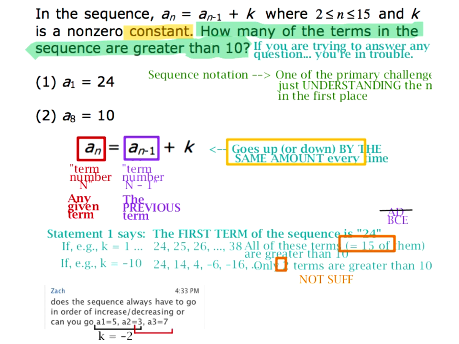A sequence in a greater sense could be absolutely any sequence of numbers in the world, and in that greater sense, you don't have to go in order. But in this problem, because of the way they defined the sequence, you do wind up going in a decreasing or an increasing order. For the sake of completeness, in general, sure, a sequence can have any numbers in any order.